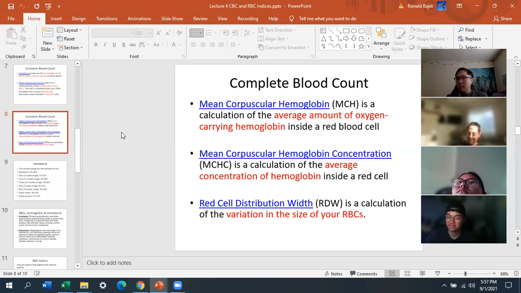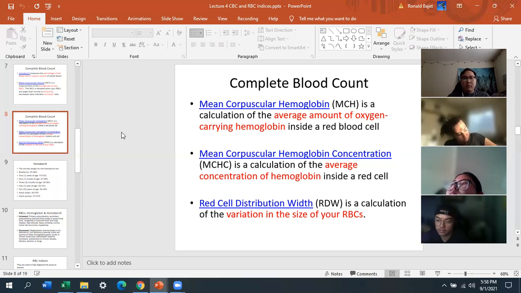Aniso. So here's a trick. Aniso, S on aniso, size. And then poikilocytosis, P for shape. If you see a lot of different shapes, then that means there's a lot of poik or poikilocytosis.